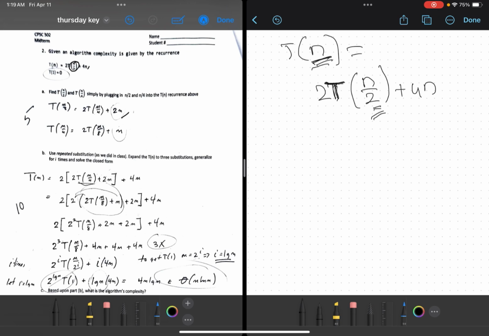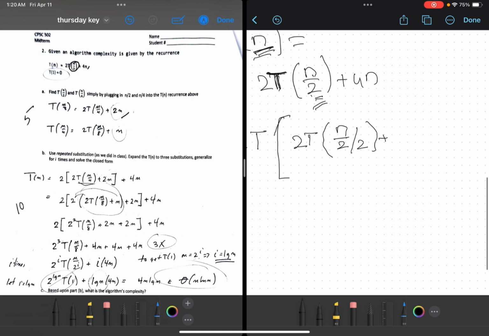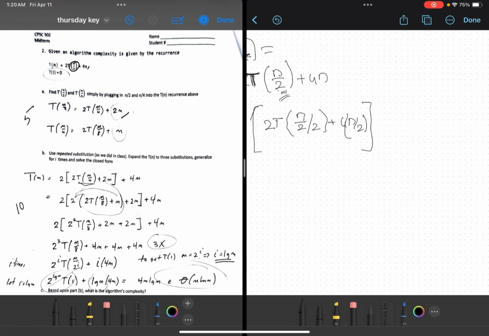So let me write it like this: 2 into T of n by 2, which can be written as 2T of n by 4 plus 4n by 2, plus 4n.